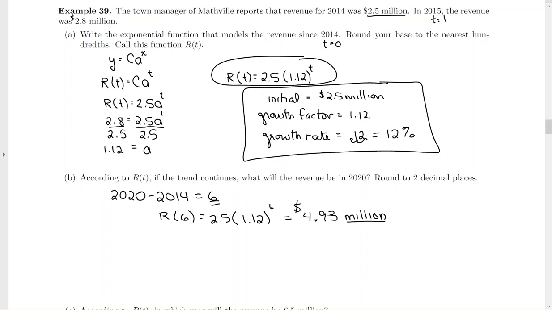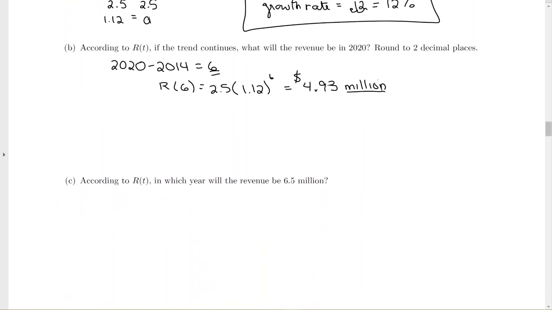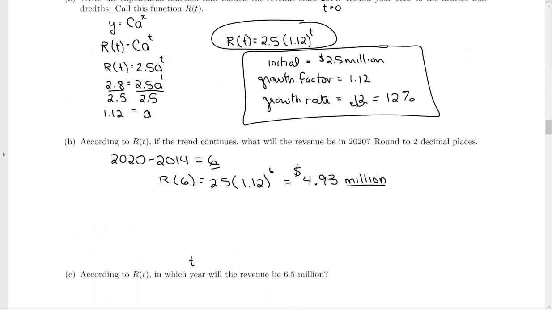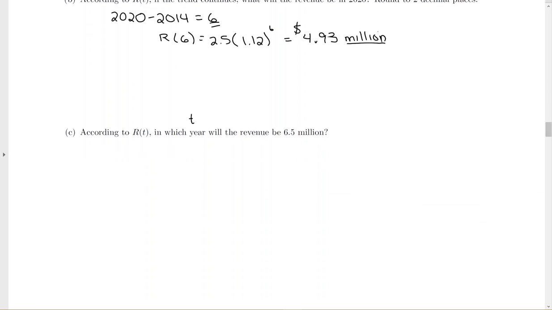All right, for the last part, in which year? So now we've got to find t. Will the revenue be 6.5 million? So we go back to our equation that you had up here in part A, and we're trying to find t, and we know what the output is supposed to be, 6.5 million. So again, don't put in the zeros, just put in the number 6.5 equals 2.5 times 1.12 raised to the t power.